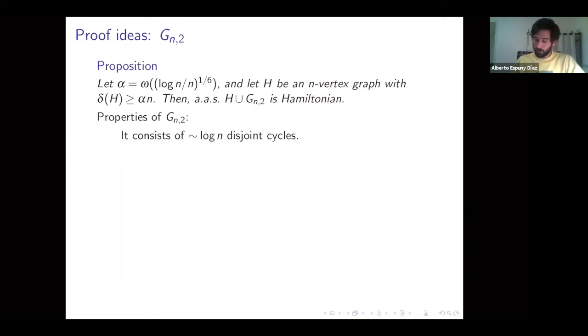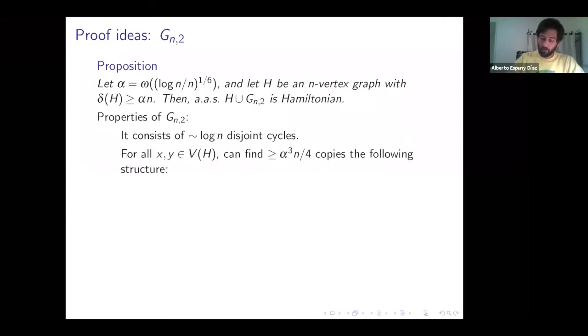And the second property, which is very important for us, is that we can show that for every pair of vertices in H, we can find many copies of this structure that I'm going to draw here. So basically, we start with 2 vertices.